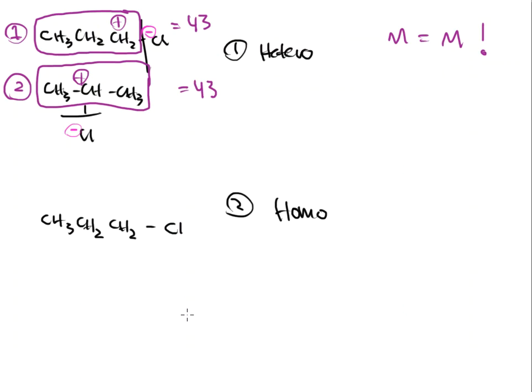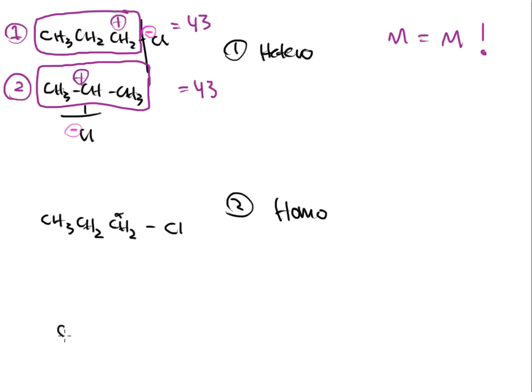And I told you that we need to take a look at the alpha carbon, right? So I'm going to go ahead and label the alpha carbon just so that you can get comfortable with that notation or that name. This would be the alpha carbon. I'm using that little sideways fish. That's the symbol for alpha. This is the alpha carbon, meaning that cleavage will happen at the alpha carbon.